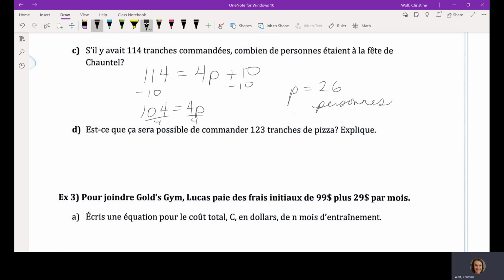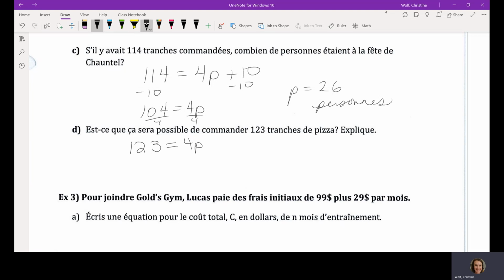But okay, if we have 123 slices, let's remove the 10 she bought additional. That leaves 113. Can 113 be divided by 4? Is that a multiple of 4? No. So it's not possible. So tu peux écrire ça comme une phrase. You can't just say non, ce n'est pas possible. Il faut expliquer. Si tu ne veux pas écrire une phrase, ça c'est comment tu montres avec les mathématiques.